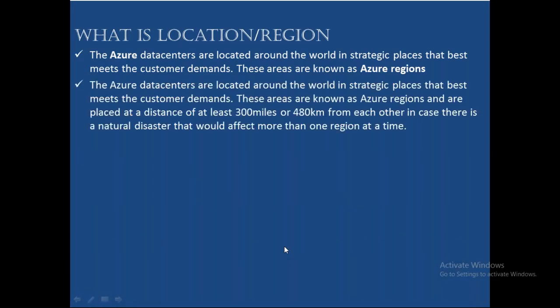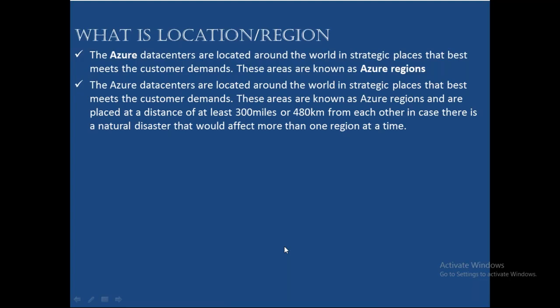The Azure data centers are located around the world in strategic places that best meet the customer demands. These areas are known as Azure regions, and are placed at a distance of at least 300 miles or 480 kilometers from each other in case there is a natural disaster that would affect more than one region at a time. What it means is, example, I have one data center in Hyderabad, one more data center in Bangalore.